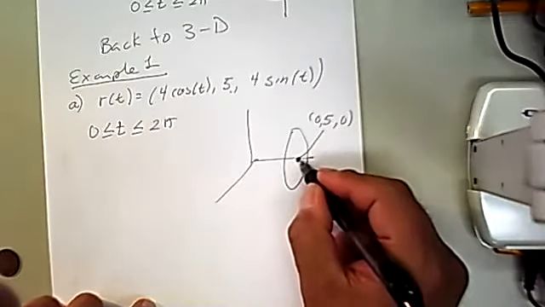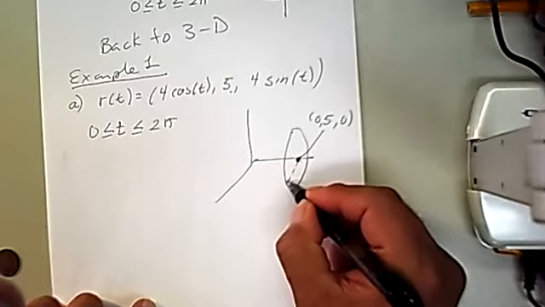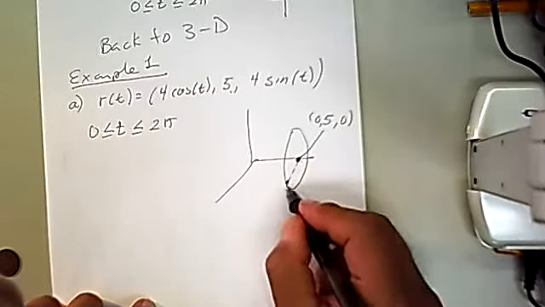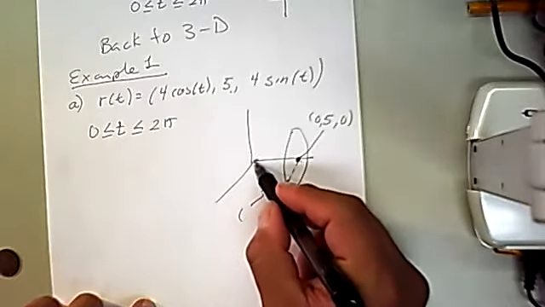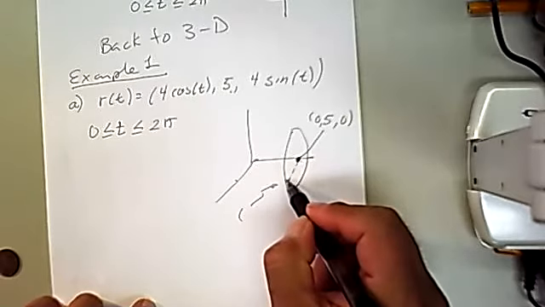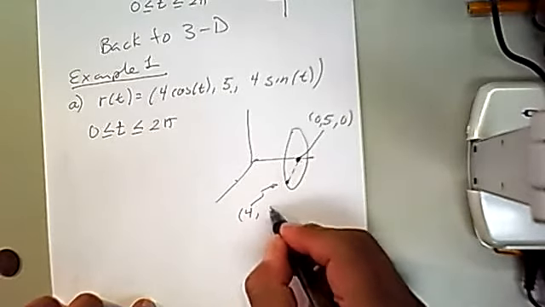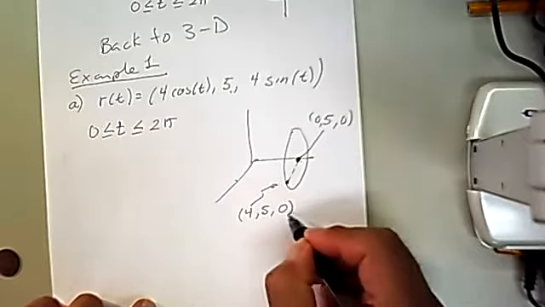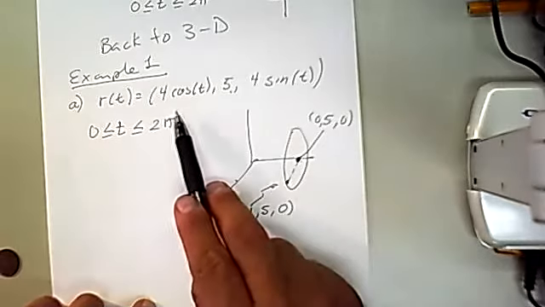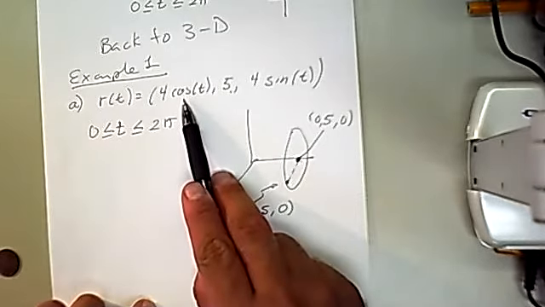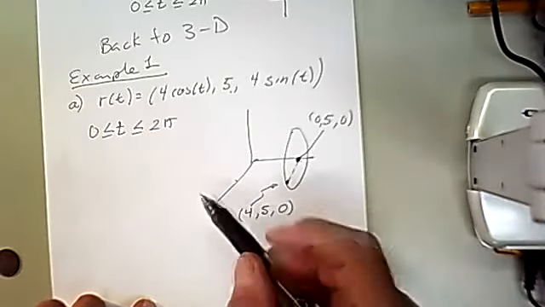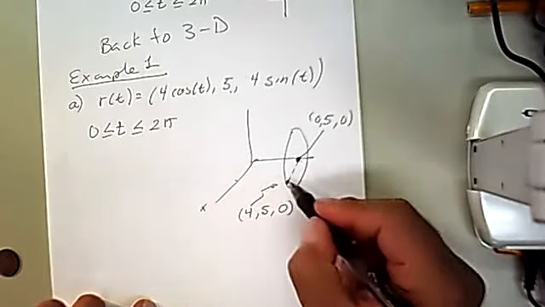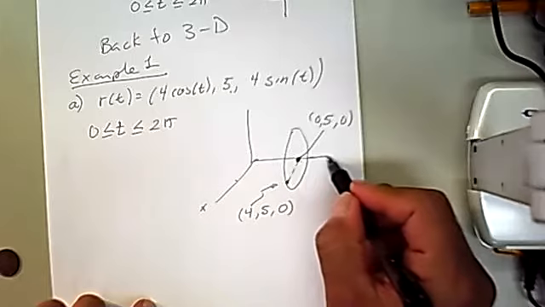And then if we go this way, this point, which is our starting point, will be, let's see, 4, 5, 0. And the cosine, which is the x value, is going to decrease. So remember, this is the x-axis. So then this is the y-axis.